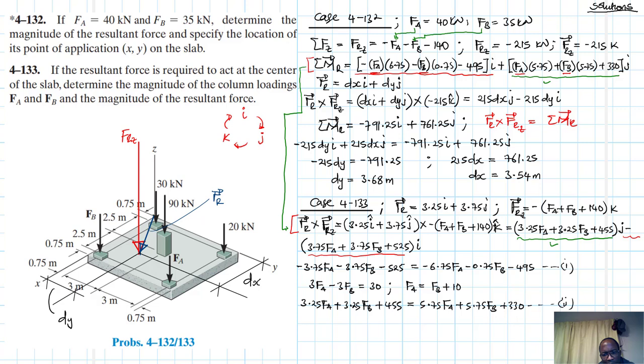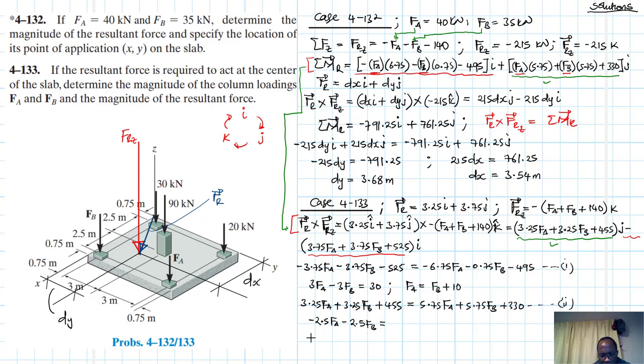Okay, so this therefore gives us 3.25 minus 5.75. We'll have a minus 2.5 FA, and this also we are going to have a minus 2.5 FB.